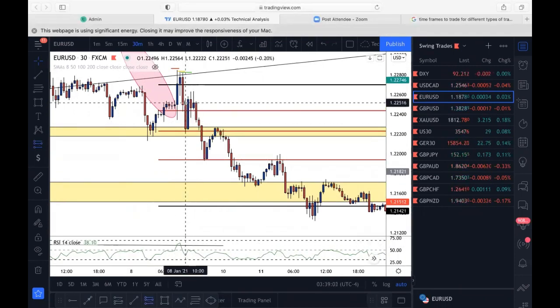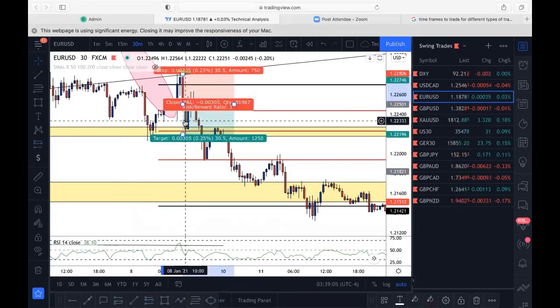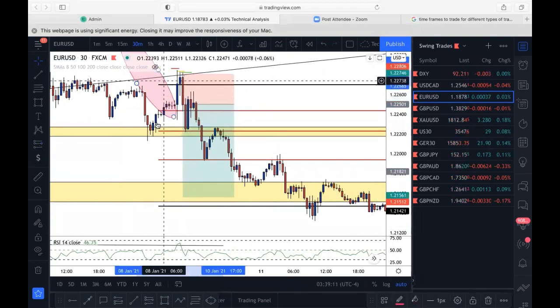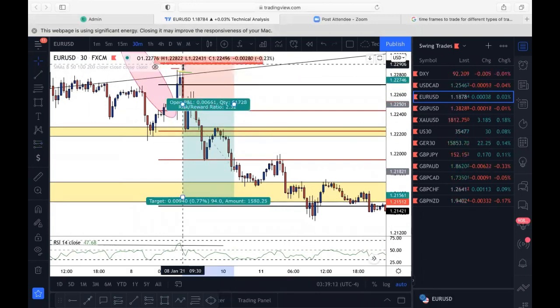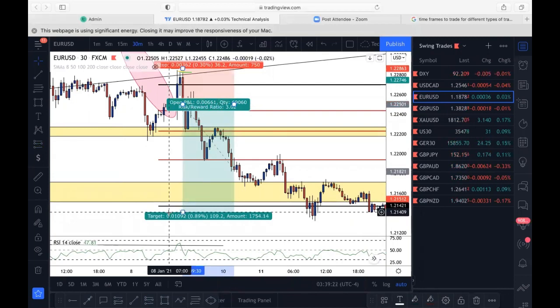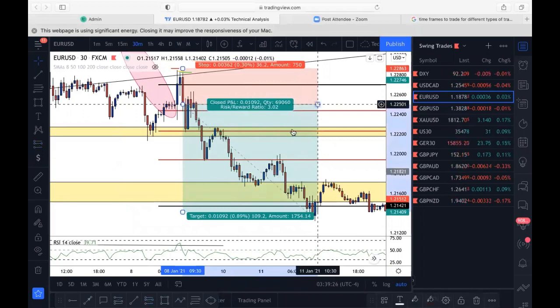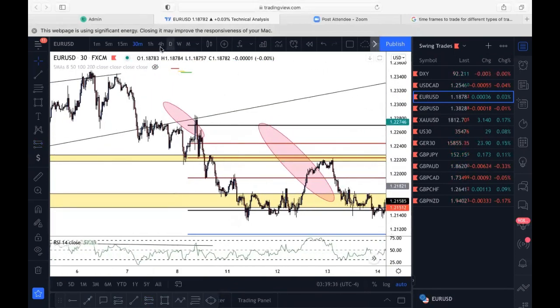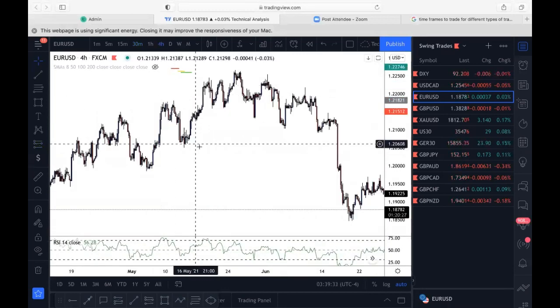We enter. We get paid. 90 pips, risking 30. Well, risking 36 to make 109 pips. So just everything you learn, it all ties together.